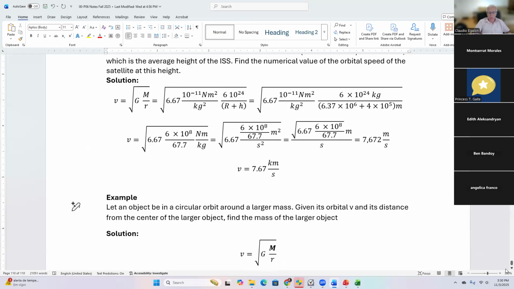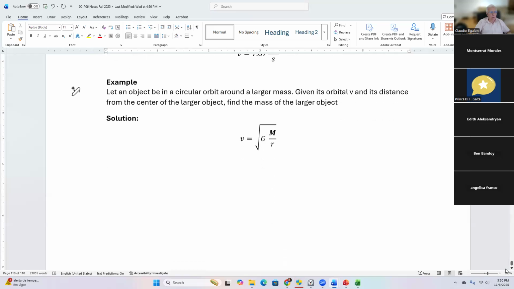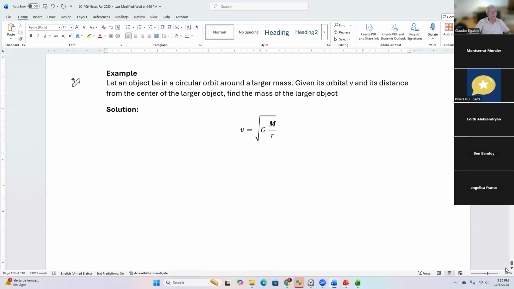All you have to do is use that same formula that we used before. But now we are using the formula for a different reason, for a different goal, for a different problem.